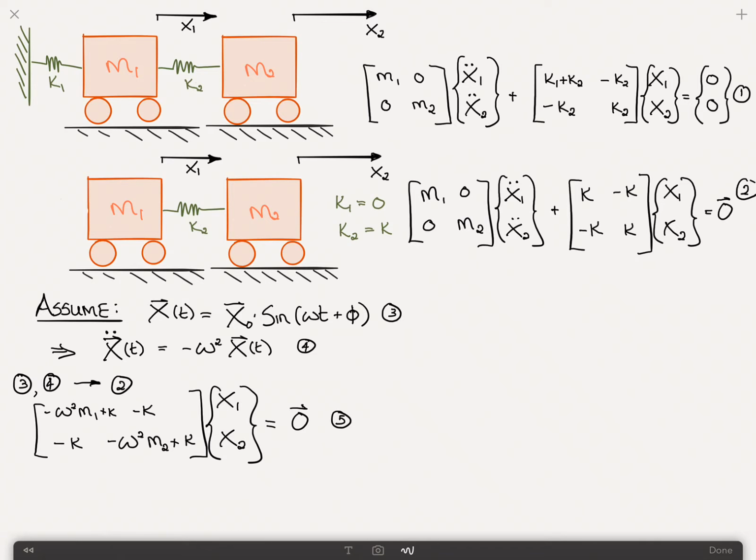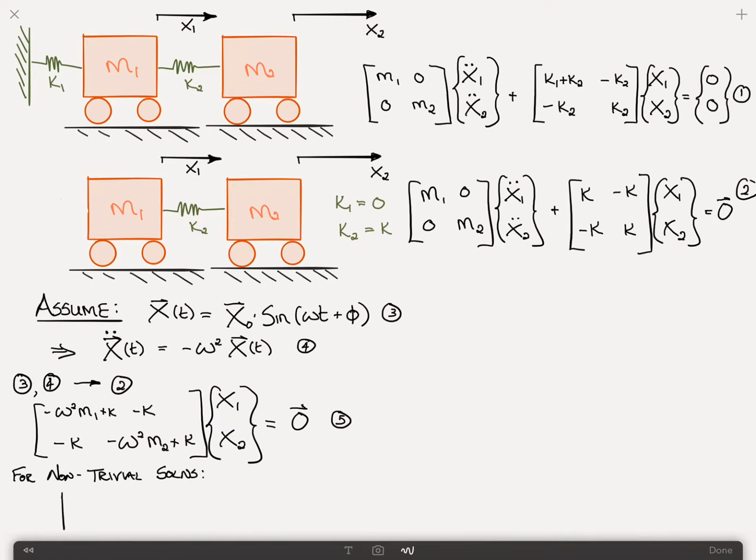And then as before, we know that for non-trivial solutions, the determinant of this matrix must be 0.